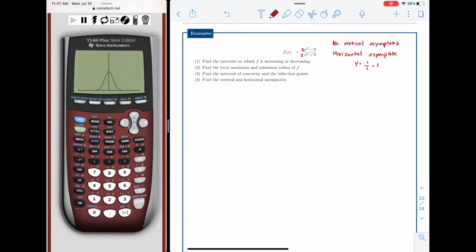We can perform the first derivative test now. For f prime of x, we have to use the quotient rule. u is x squared minus 9. v is x squared plus 9. u prime is 2x. v prime is 2x. It's v u prime minus u v prime, divided by v squared.